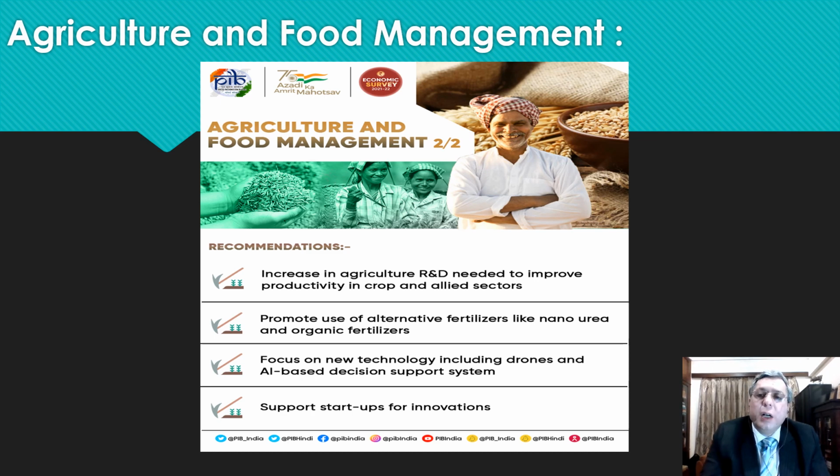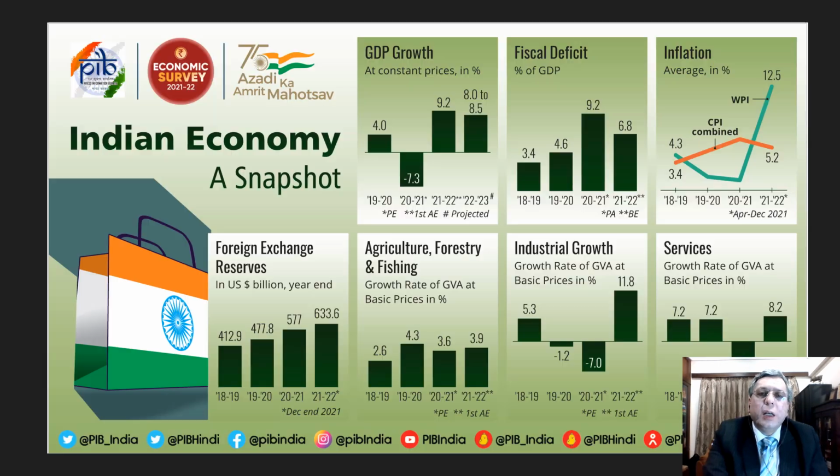In the recent budget now, separate budget has been created to facilitate the use of drone technology for farming, and AI-based decision support systems on the monsoon forecast, the weather forecast, the soil moisture content forecast. Support startups for innovations. Food processing is very critical. Still a lot of the food in India is wasted. Supply chains, cold storages, and export hubs all are being created, which will help the rural economy immensely.